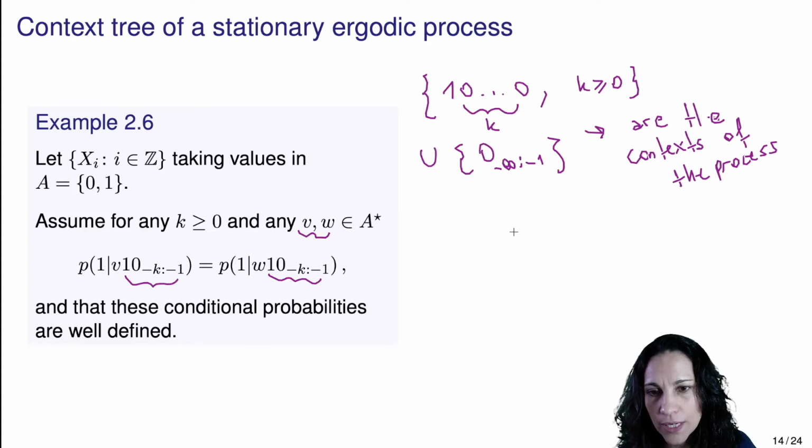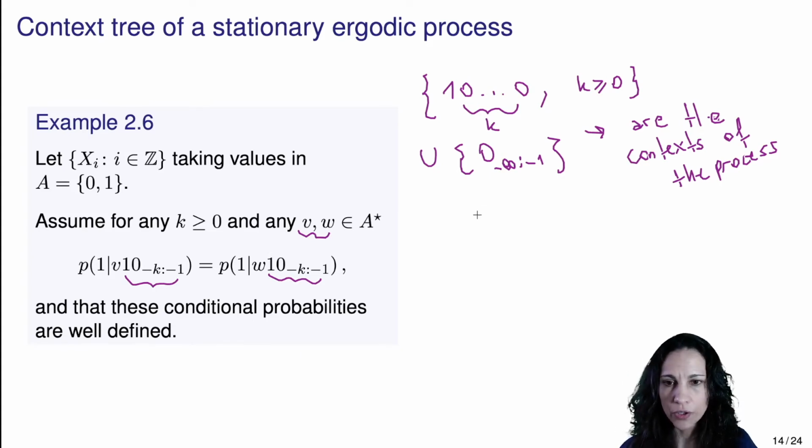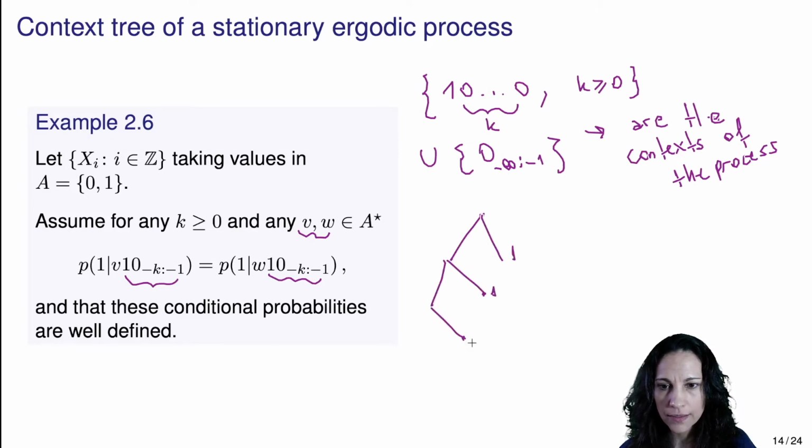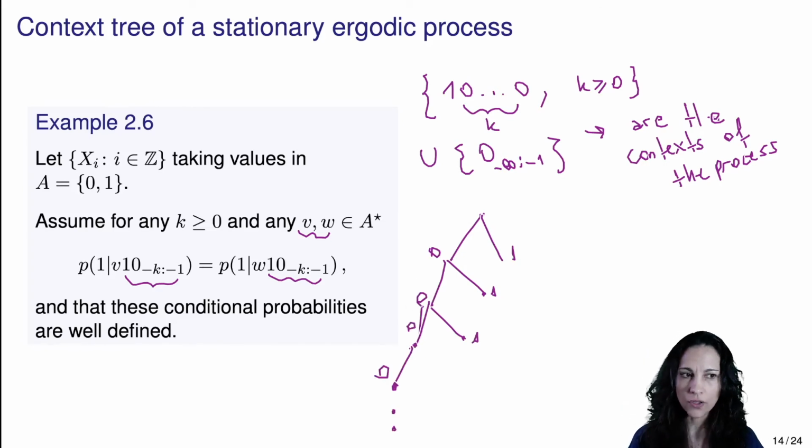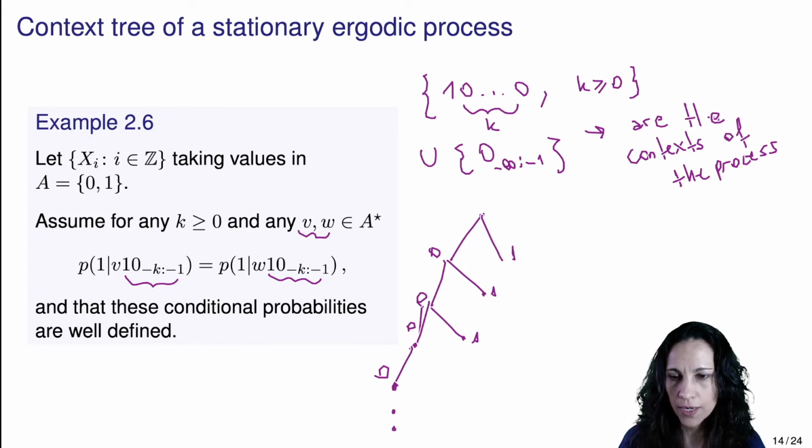So the tree of this process is the tree that we saw before, that has a 1 and an infinite branch of zeros here. And this is infinite, okay? So this is our last example in this section.